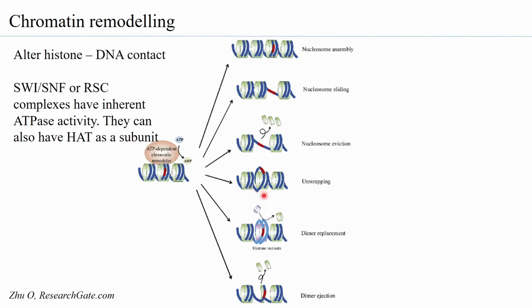You can also have an unwrapping of the DNA around the nucleosome. So you can see that the nucleosome has not been evicted or removed, neither has it changed its position.